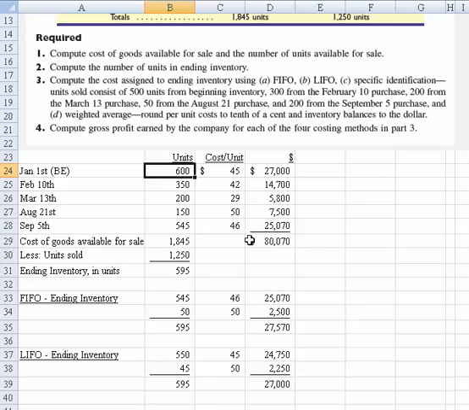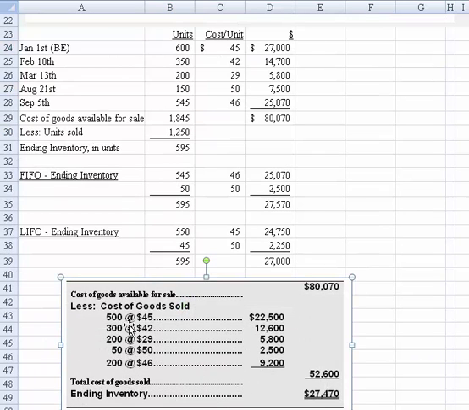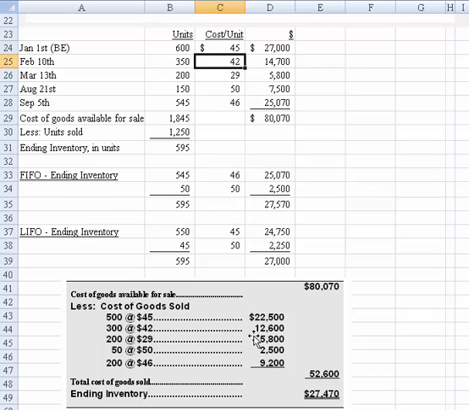Now, rather than me typing that out, I've gone ahead and just posted the author's solutions so that you can see how we pulled. See, 500 units came from the beginning amount, 300 units came from the February 10th, and you just lay it all out. And you identify what the cost of sales were, then you subtract it from the 80,070 of cost of goods available, right, which we computed right here.